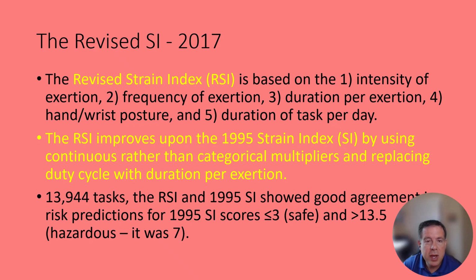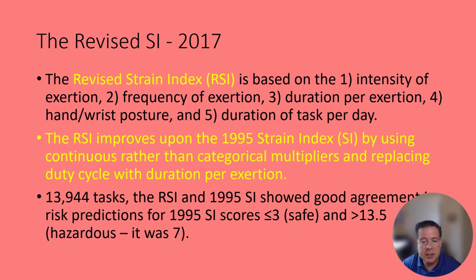So the revised strain index in 2017 looks at very similar outcomes: intensity, exertions, duration, posture, and duration per day. Really two things improved. They had a big study looking at almost 14,000 tasks with the revised strain index.